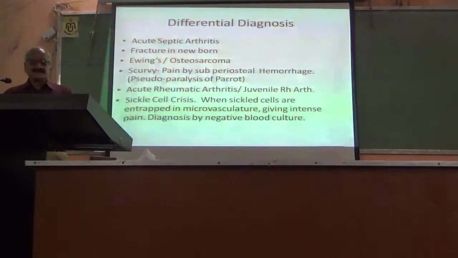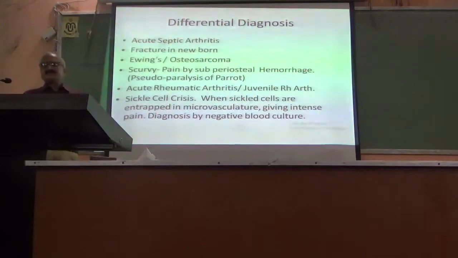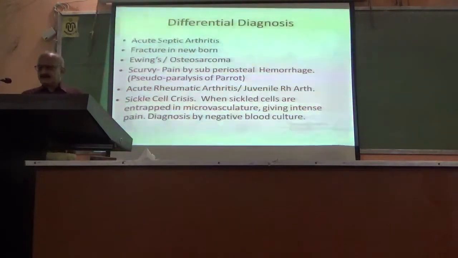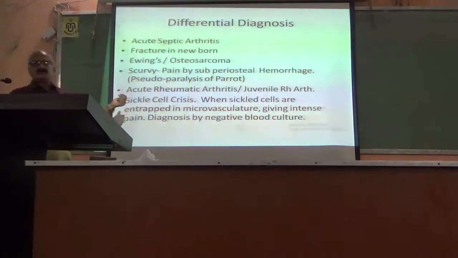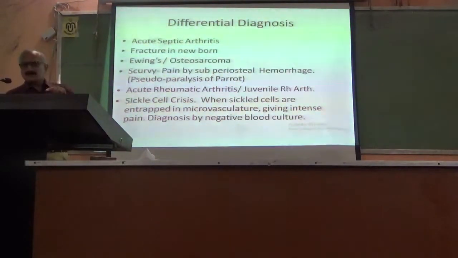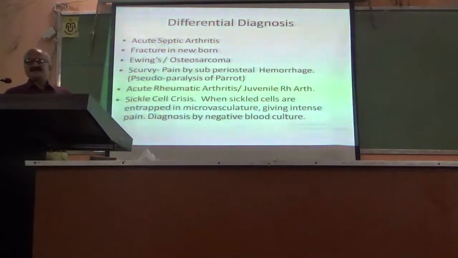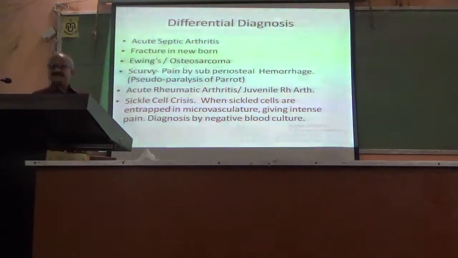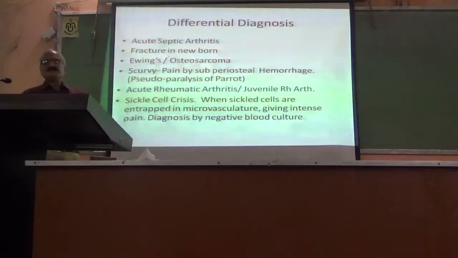Then sickle cell crisis. I mentioned earlier that in sickle cell disease, when the sickling phenomenon is going on, these sickle cells are entrapped in microvasculature. As I told you, because of hairpin bends, the bacteria seated in the metaphyseal region, because of blood stasis and overpowering host immunity, can start the inflammatory process of acute osteomyelitis.